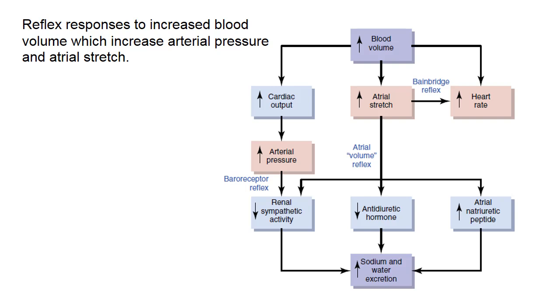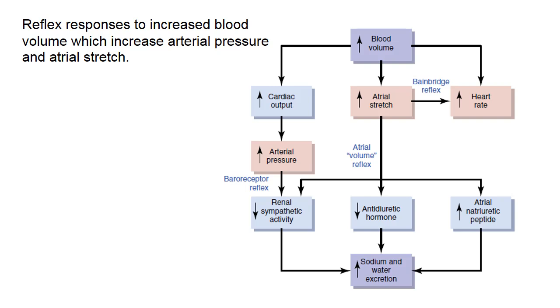So some reflexes increase atrial pressure and stretch atrial walls. Let's see what happens in this situation. Let's start from increasing atrial stretch. When the atrial stretch receptor is stimulated, it means that atrial volume is increased. We can see the atrial volume reflex, which can do three actions.